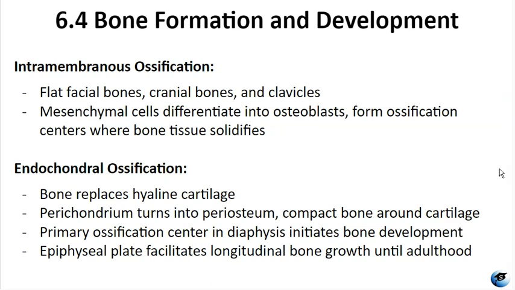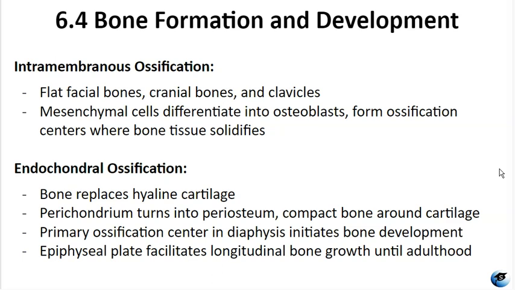Endochondral ossification involves the replacement of hyaline cartilage with bone. The diaphysis and long bones bases, including those at the skull's base, form through endochondral ossification. This process begins with mesenchymal cells differentiating into chondrocytes, forming the cartilaginous skeleton precursors.